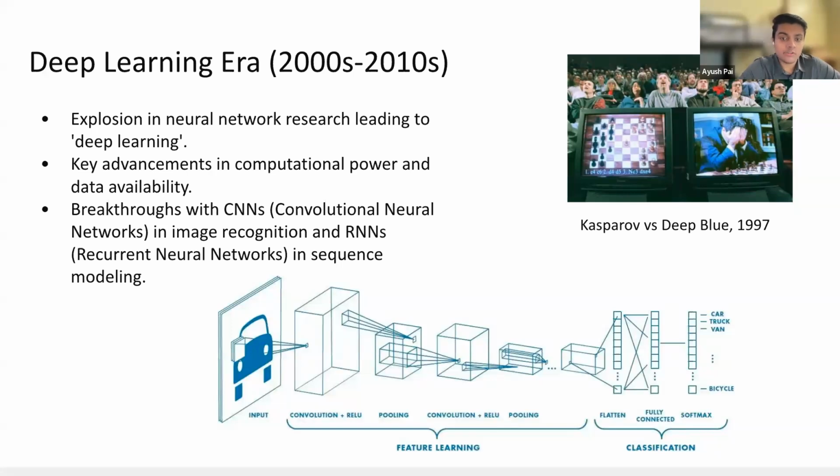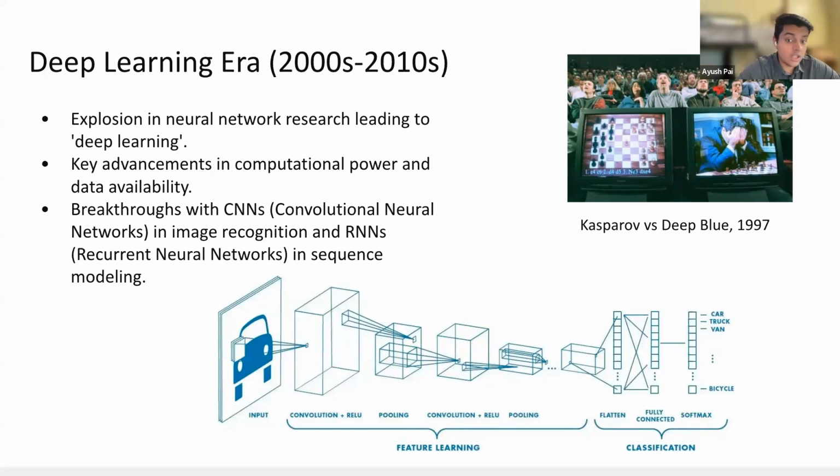And recurrent neural networks is another pretty big innovation in this time period. And this really made strides in sequence modeling, enhancing the performance of models in language processing and other sequential data applications. And sequences are really important, as you can see, and we'll see it as we explore some other model architectures.